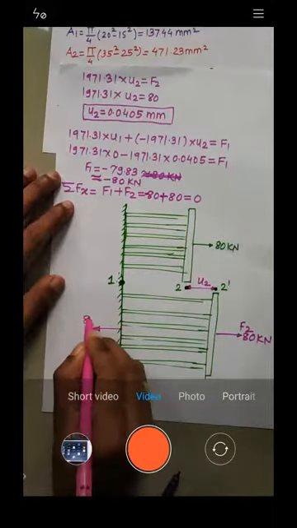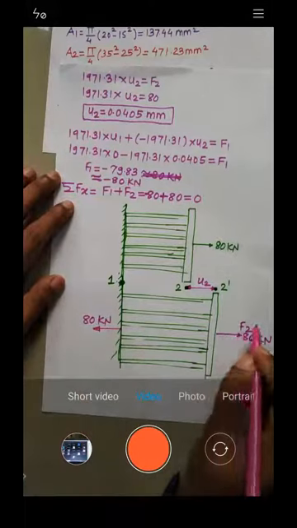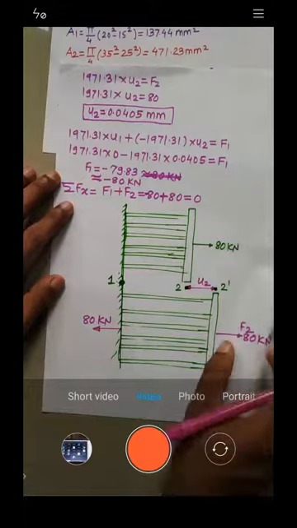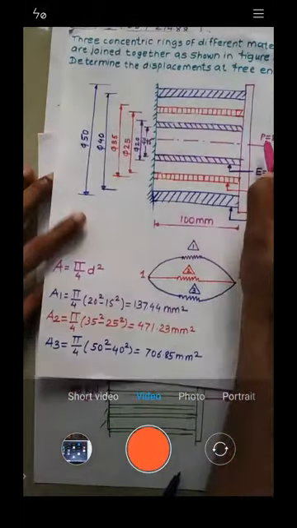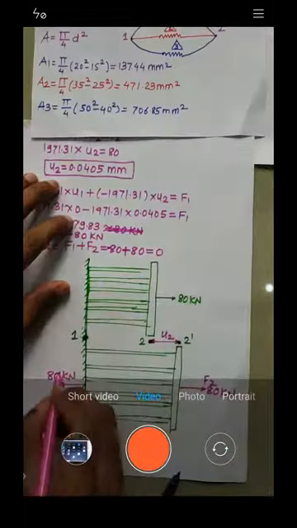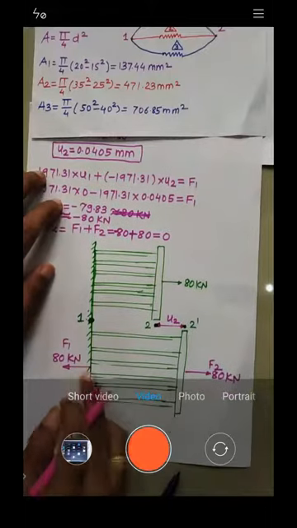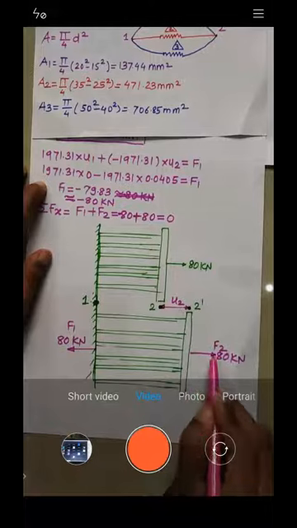And what is that? 80 kilonewton. This is the F2 which is given in the problem, that is 80 kilonewton. And this is F1, the reaction that is generated, that we have calculated, 80 kilonewton.